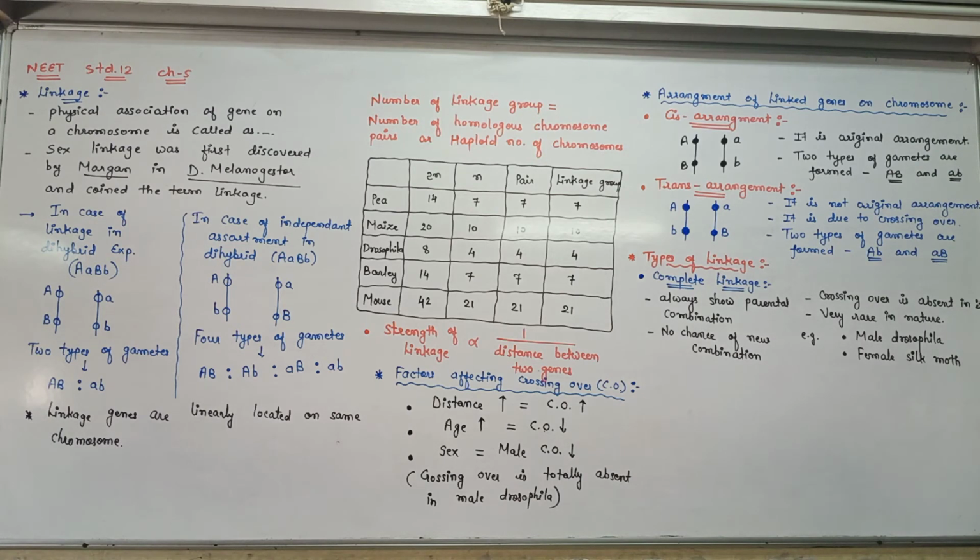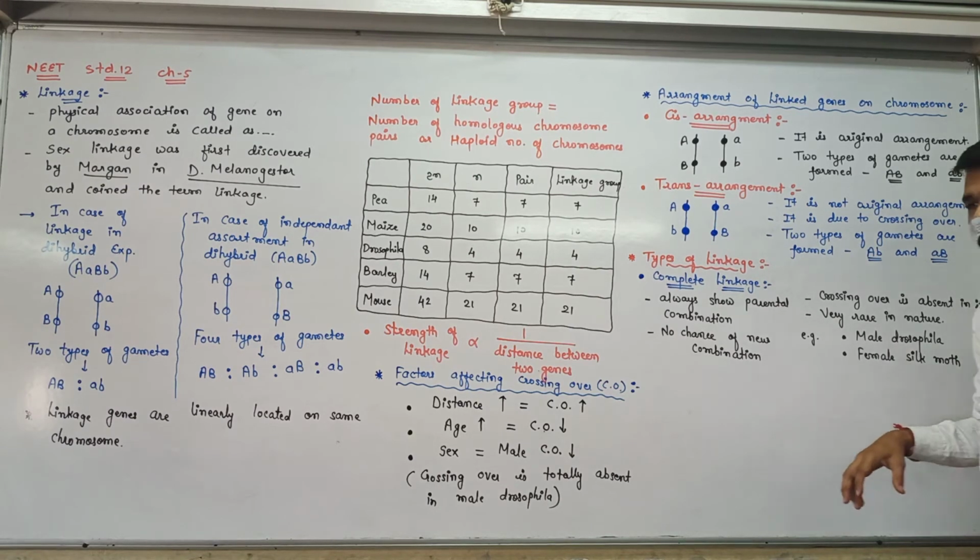Complete linkage always shows parental combination. No chance of new combination, no chance of crossing over. Here the two genes are very close to each other on the chromosome. It is very rare in nature.